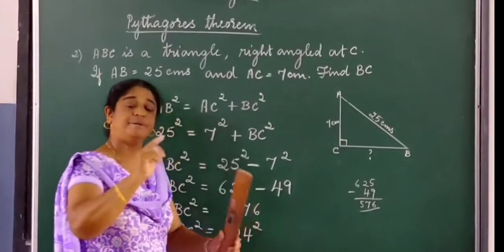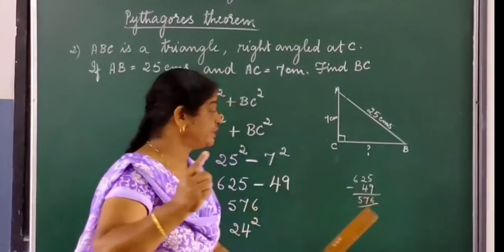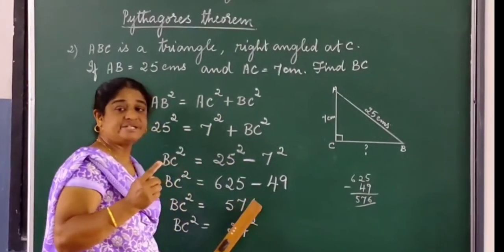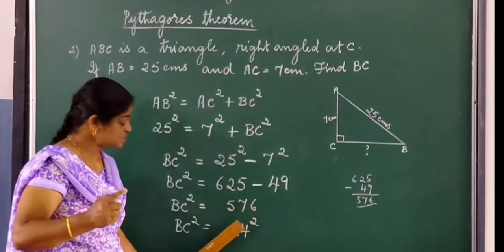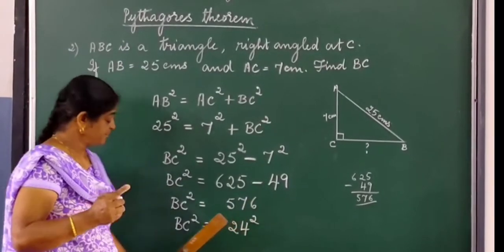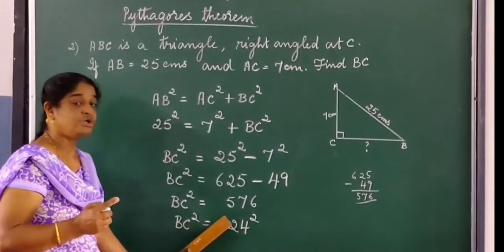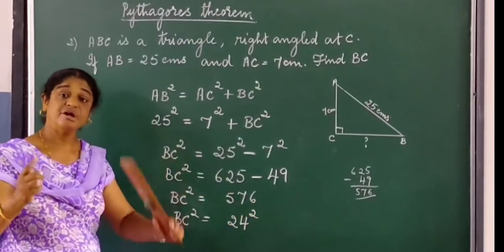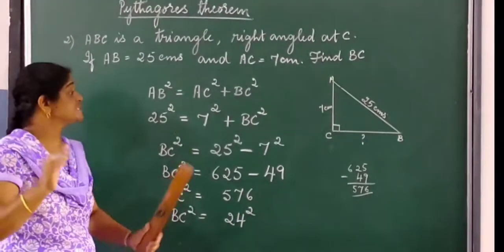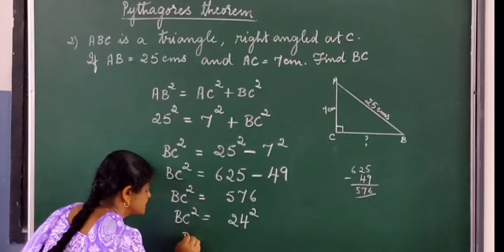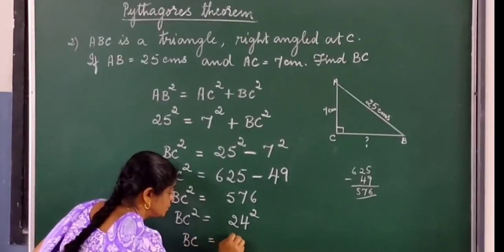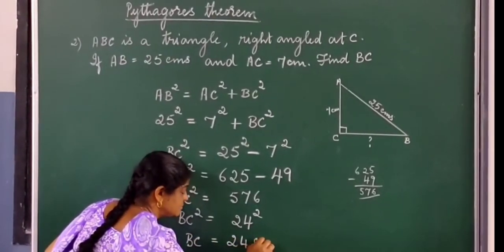When you multiply 24 into 24, you will get 576. So BC square is equal to 24 square. But now we have to find only BC. So BC is equal to 24 centimeters.